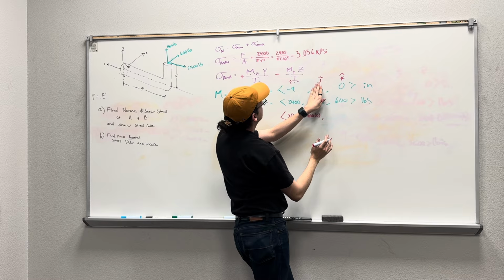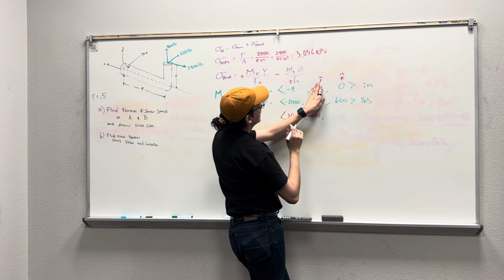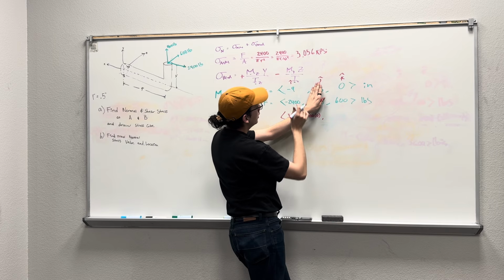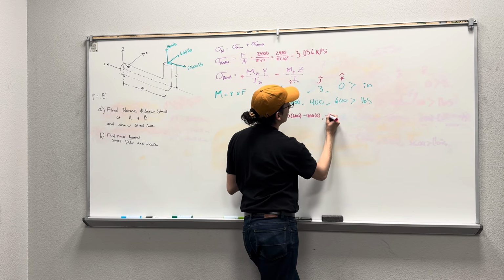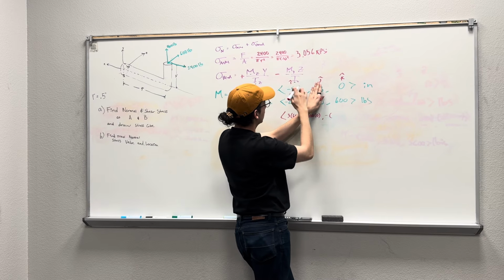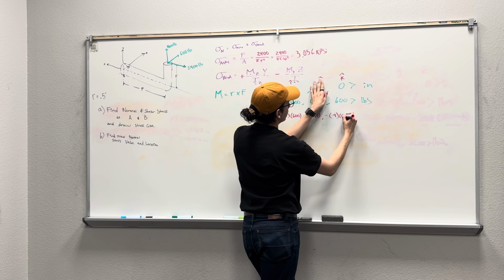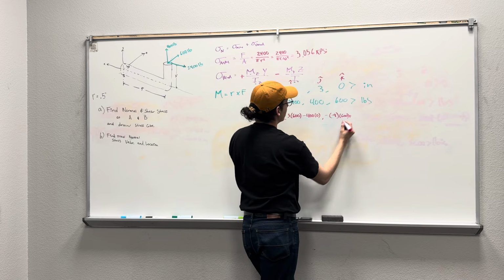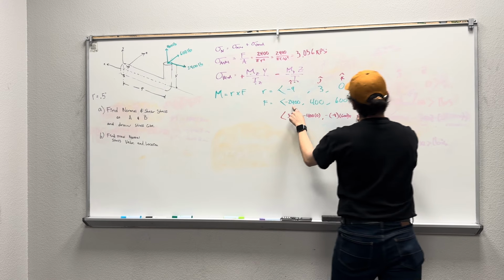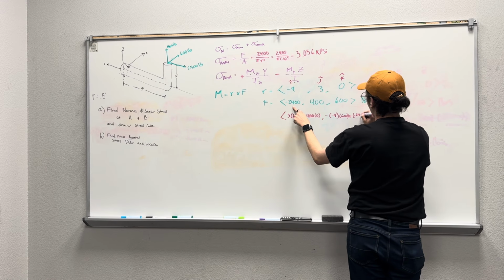Then for J, I'm going to cover the middle one, and the middle one is always switched around, so I'm going to get negative, and I have -9 times 600 plus, instead of minus, -2400 times 0.